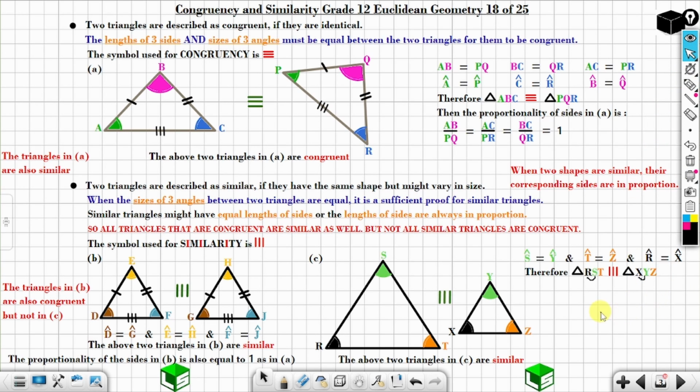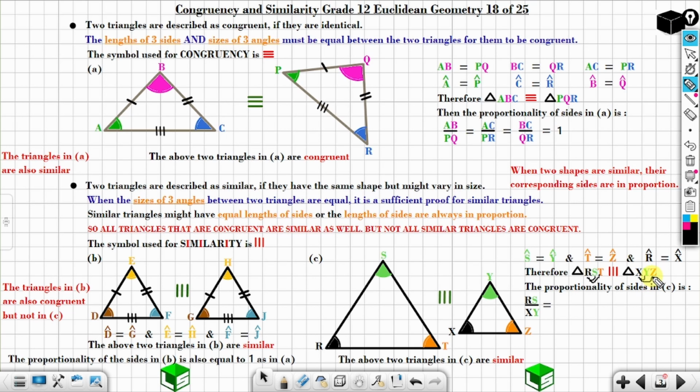Okay, so you have the proportionality of sides in C. Okay, in C is RS over XY.